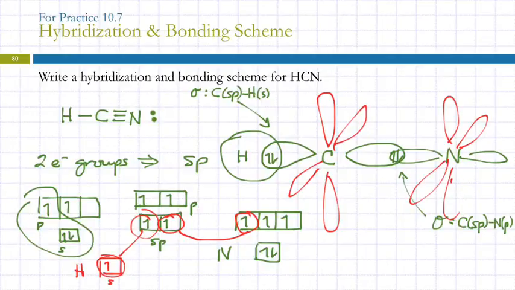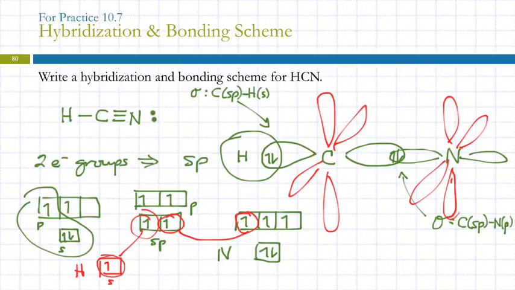That one was just really ugly. Let's try that again. This sp hybrid orbital was made with one of the p orbitals, and so that's going to be aligned just like the p orbital was.